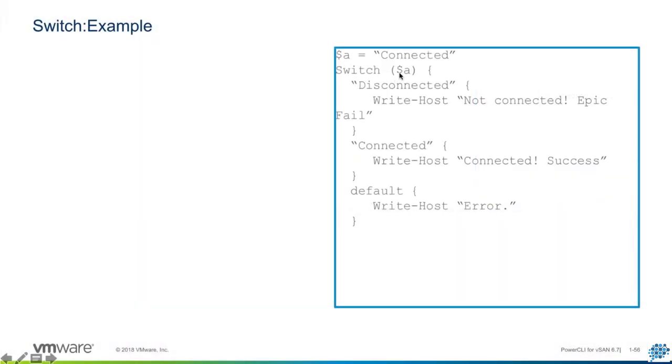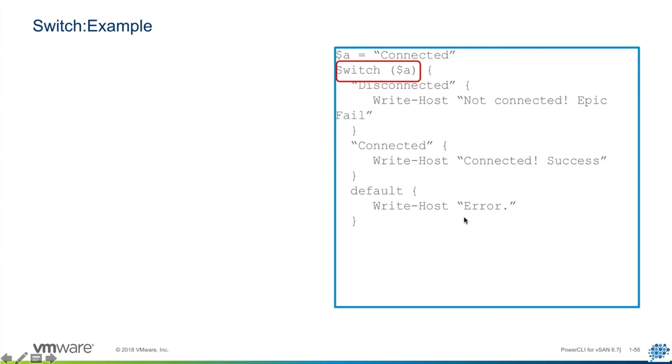If the value of a is disconnected, it will execute these statements, that is, write host not connected, epic fail. If the value of the variable is connected, it will execute this statement, write host connected, success. And if none of these conditions are met, then it will just give an error.